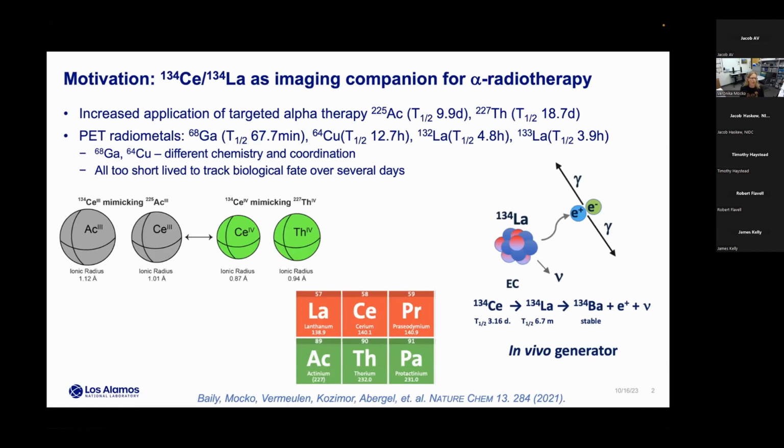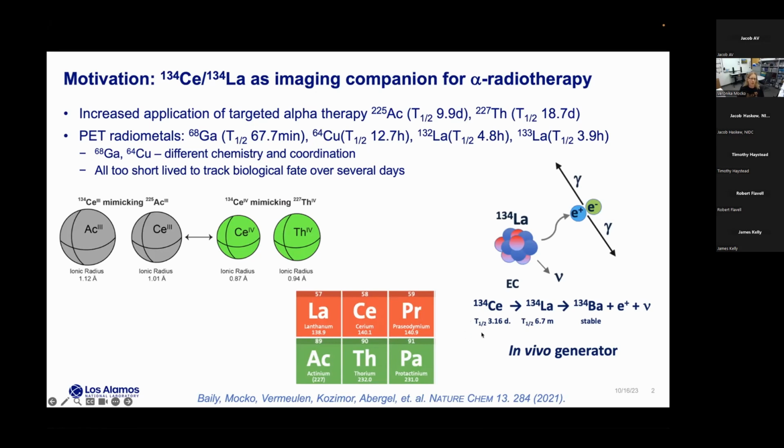So our motivation was to suggest a new, similar isotope, Cerium-134. Its f element has similar chemistry, meaning the oxidation state and the coordination, and it is somewhat longer lived, on the same timeline of several days as thorium-227 and actinium-225, to use as an imaging companion for these emerging isotopes.